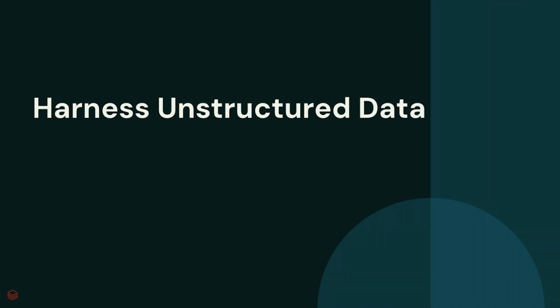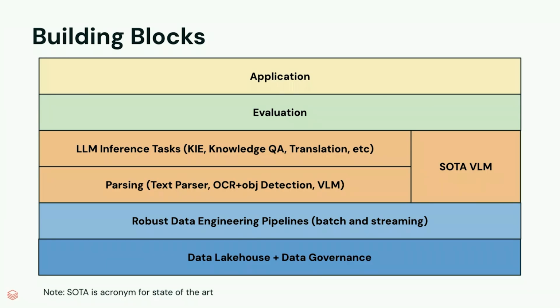How do we harness unstructured data? I'm a visual person, so I'm going to show some visuals. The first diagram is a vertical stack. I think those are the key building blocks you will need to harness the power of unstructured data. At the foundation, the data lakehouse architecture is where you can store unstructured and structured data with a unified governance layer with security.